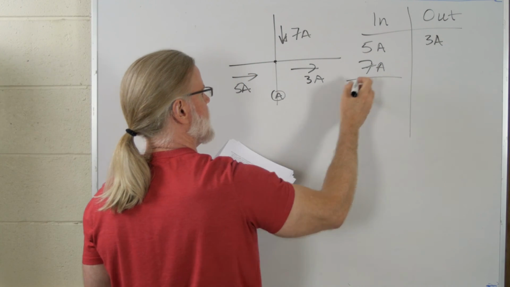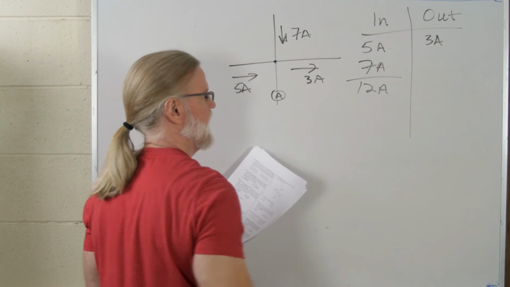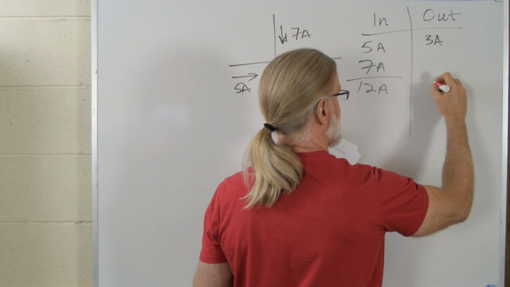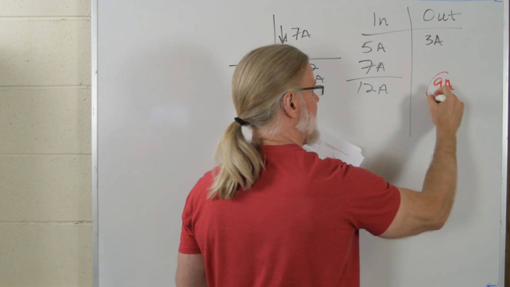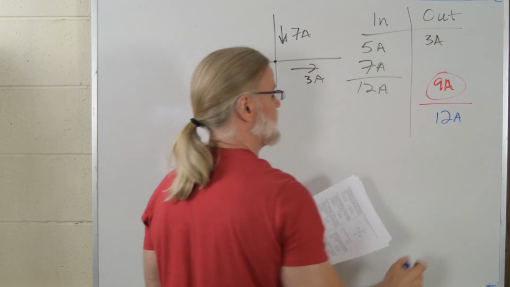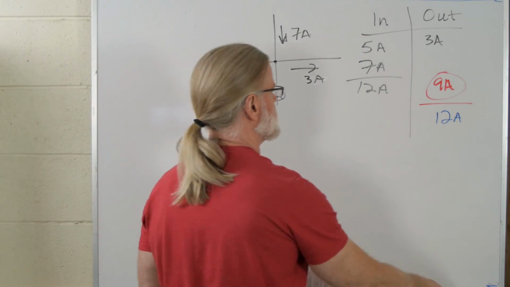Add these up, that's 12 amps. What do I need to add to that to give 12? 9 amps. I need 9 amps to balance that out. All right, 12 amps, and they would be balanced. The amount of charge in equals the amount of charge out.